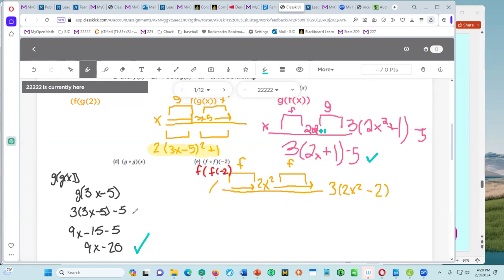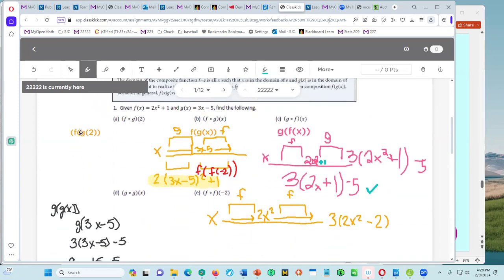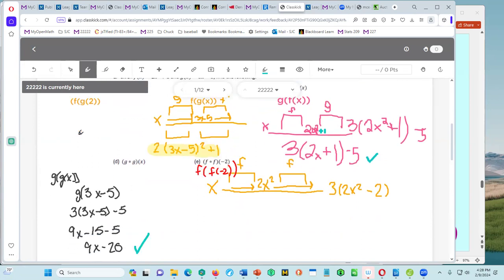F of -2 is a number. That number, whatever it is, will get run through f again. And notice how there's no 3 times something minus 5 in this problem E, because it's just f. There's no g there at all.